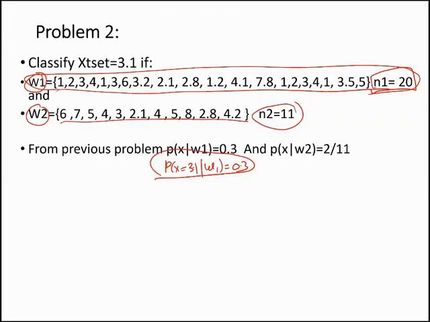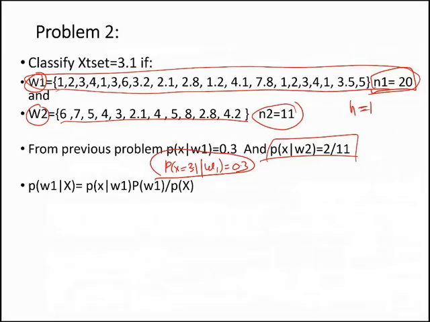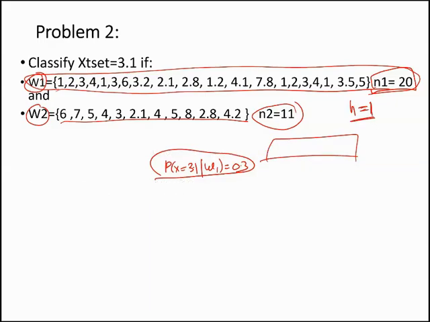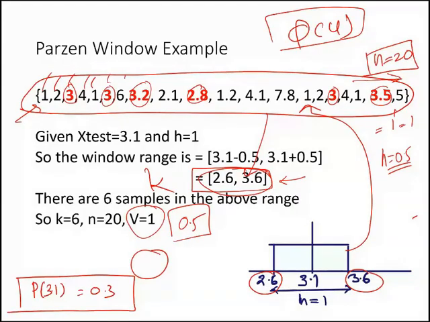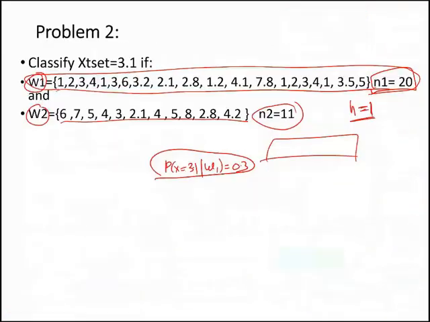Now here we will calculate for omega 2. Now what we have to do is, again we need h, so I'm taking h equal to 1 in this case. So the range is the same as the previous problem. So in the previous problem the range was 2.6 to 3.6. So 2.6 to 3.6 is my range.